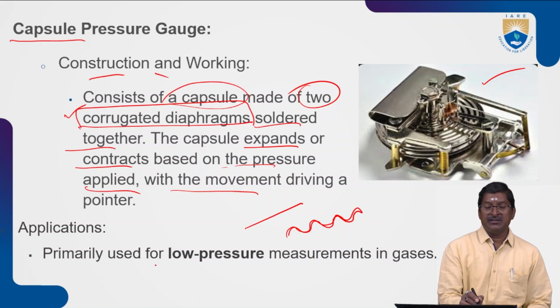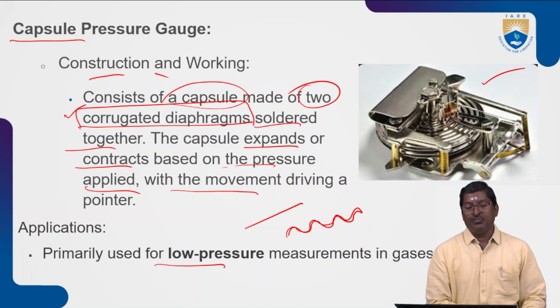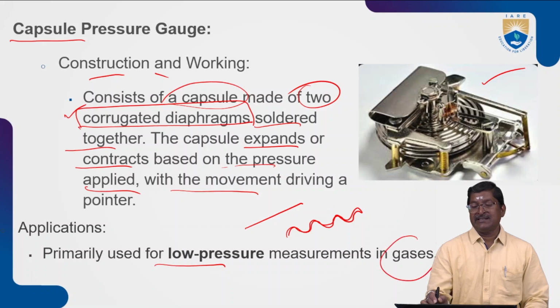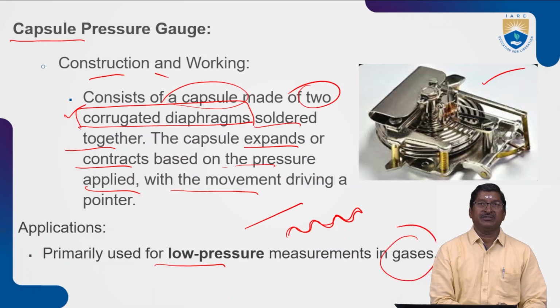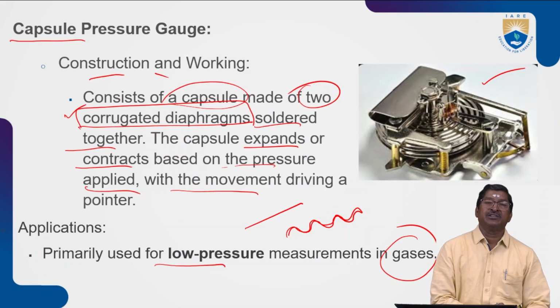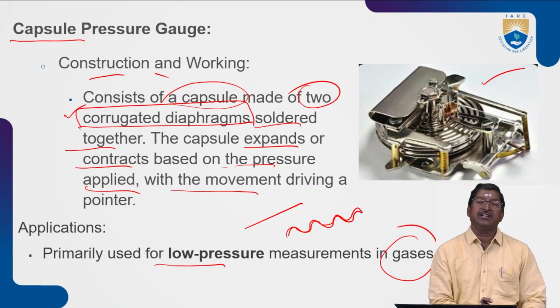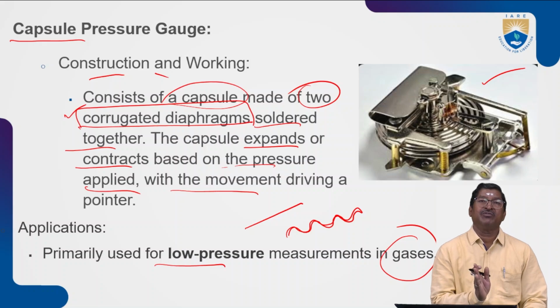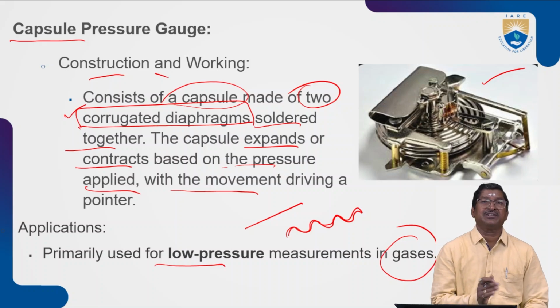This is also used for low pressure measurement in gases. Till now we discussed the Bourdon pressure gauge, a C-type hollow tube, which responds as the pressure increases: the C-type will turn into straight.